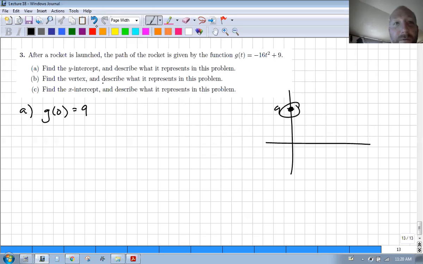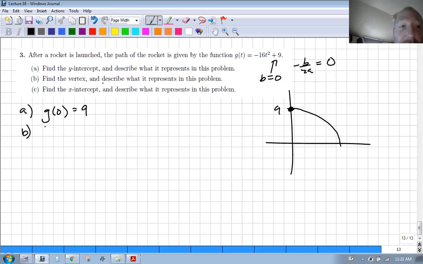If this is also our vertex, which I think it is, notice b is 0. So negative b over 2a is also 0. That tells us that this is our vertex. So that means this thing doesn't go up, because then our vertex would be over here. It's just going to go down like that.